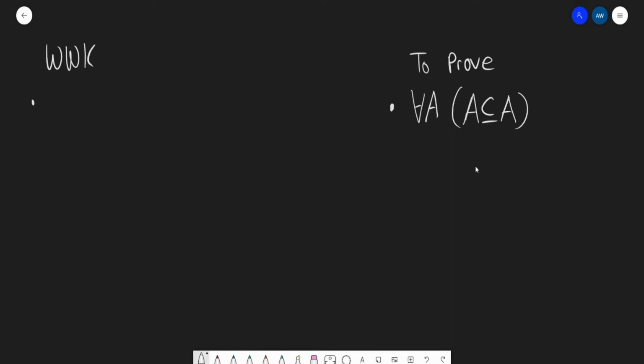Because when we're saying that A is a subset of A, we are not making any assumptions about A. A is arbitrary. We're not restricting A. Because when we're making this statement here, A is a subset of A, we actually mean any set. Like any set is a subset of the same set itself. For example, the set {1, 2} is a subset of the set {1, 2}.